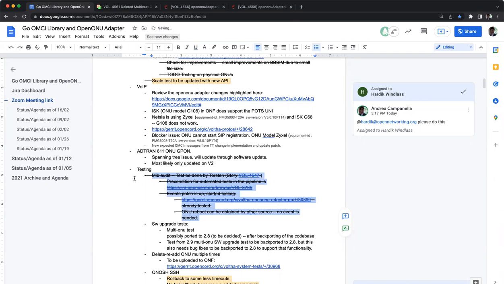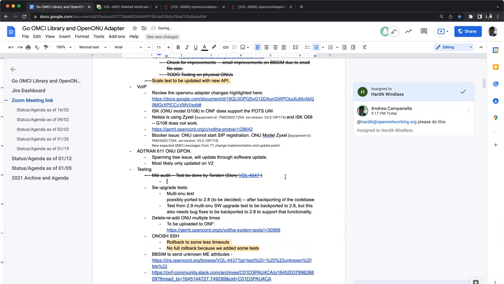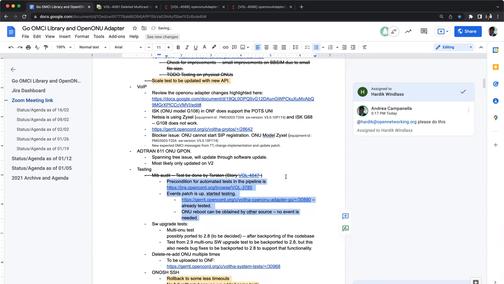What I do not know currently is whether it is already running in the daily Jenkins jobs. I hope so. That's a good question. Let me check.